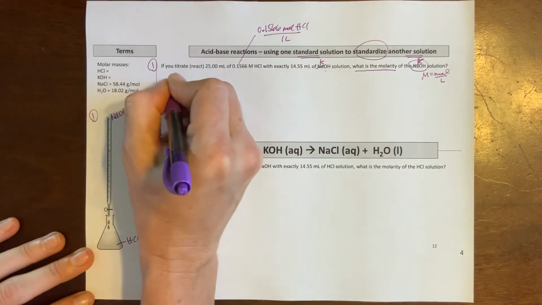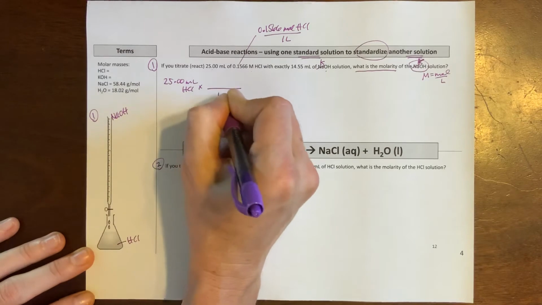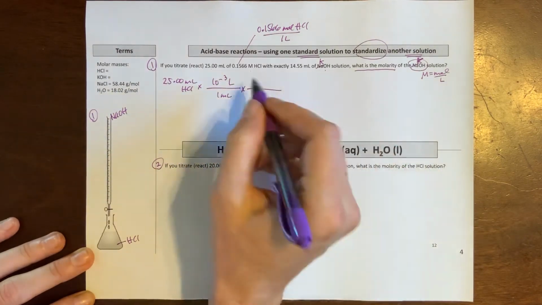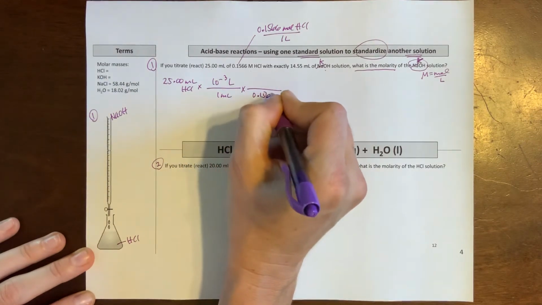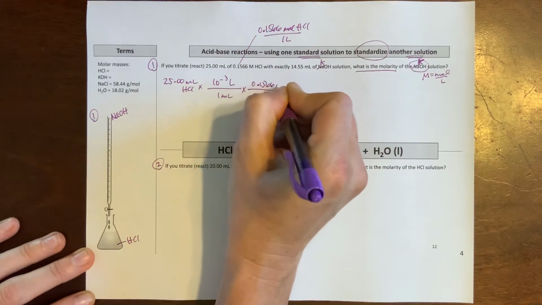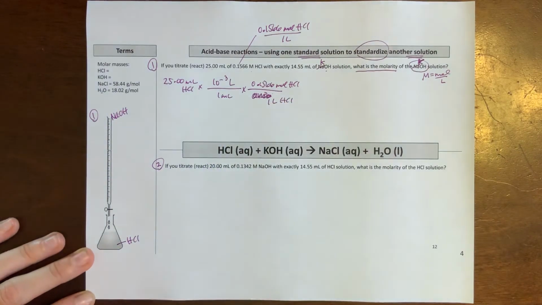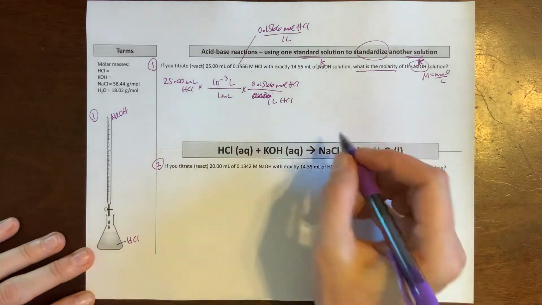So let's start with that 25 mils of HCl. 1 mil, 10 to the negative 3 liters. And then 0.1566 moles of HCl per 1 liter of HCl. I need to get to potassium hydroxide because that's what I've got in my equation here.